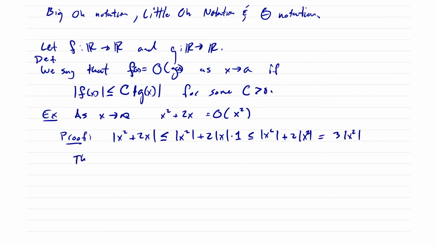So thus we have x squared plus 2x in absolute value is less than or equal to 3 absolute value of x squared, which means that x squared plus 2x is big O of x squared. Right, not too bad.